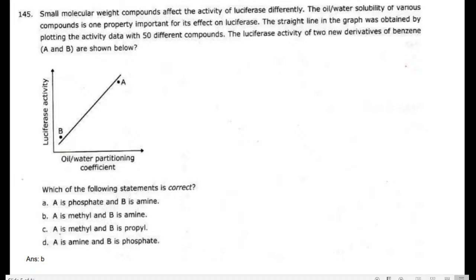While you are adding the methyl group to benzene, the polarity of benzene changes and it comes to the polar region.